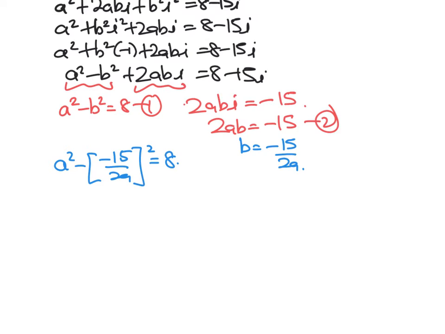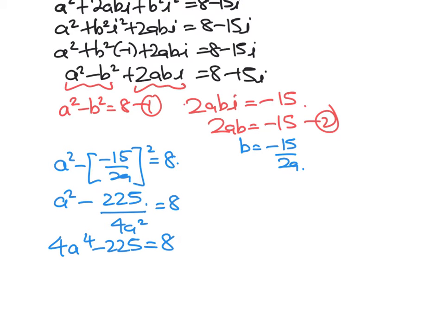It is a square minus 225, since -15 times -15 gives positive, but since the negative is outside, it's negative, over 4a square equals 8. Make it into a single fraction, so we have 4a to the power of 4 minus 225.